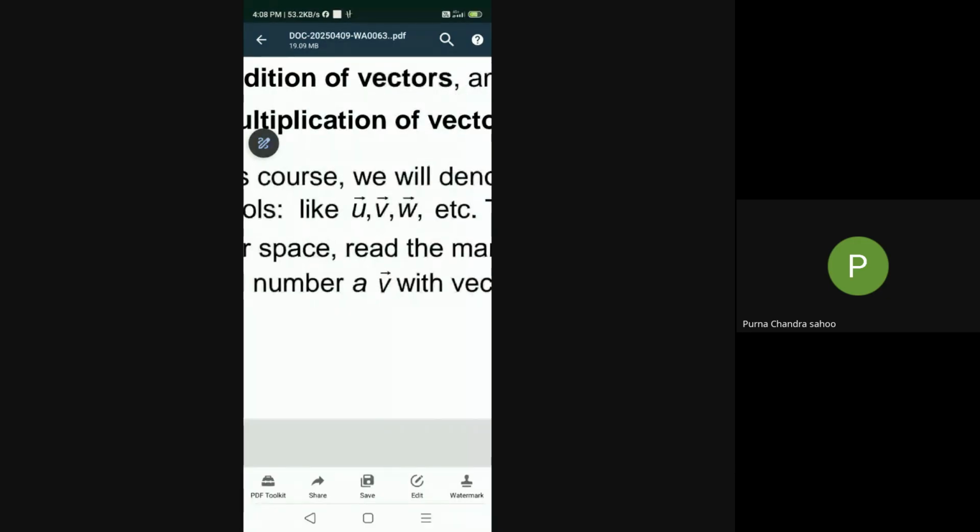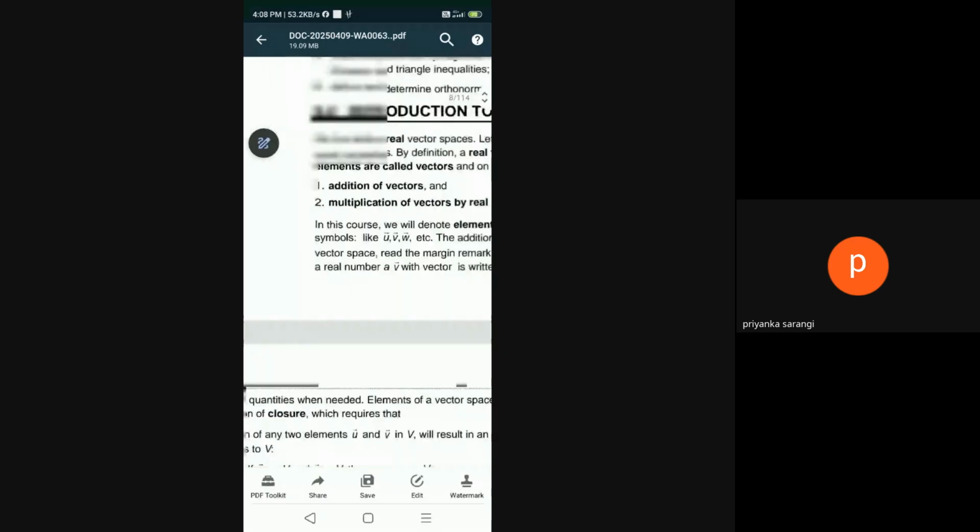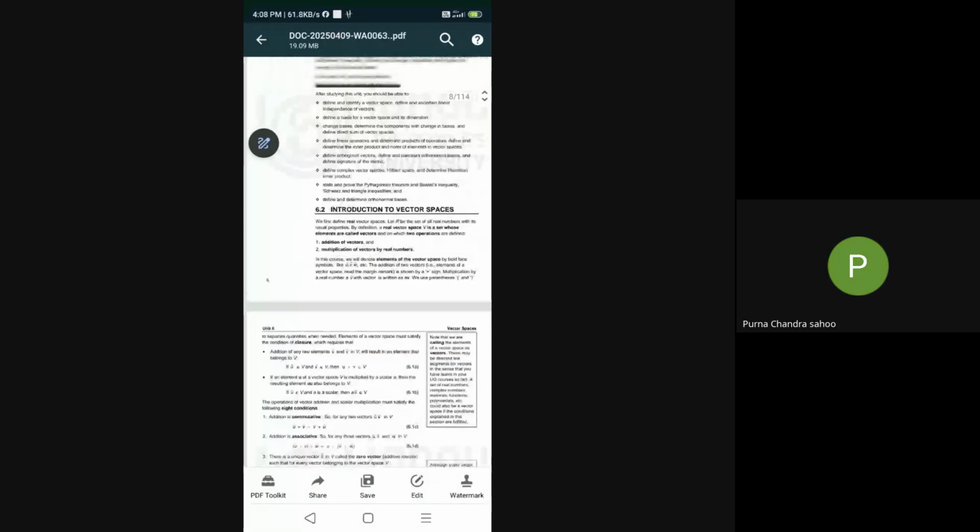The addition of two vectors, that is elements of a vector space, is shown by a plus sign. Multiplication of a vector V by a real number A is written as A bold V.